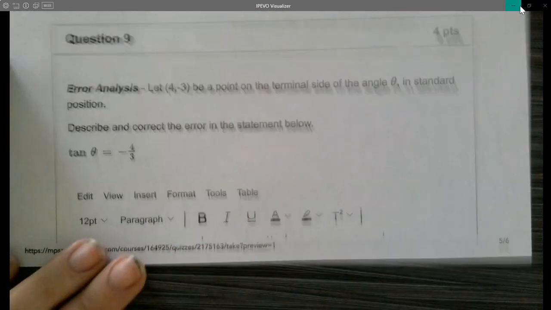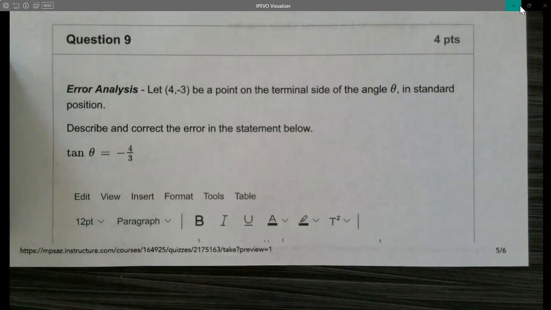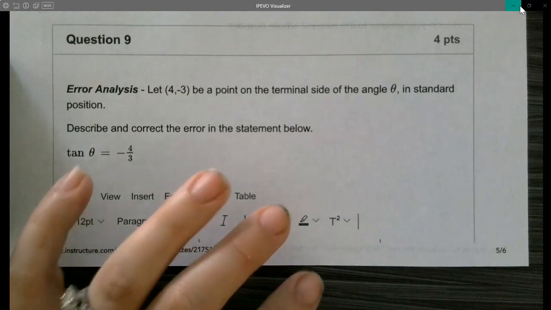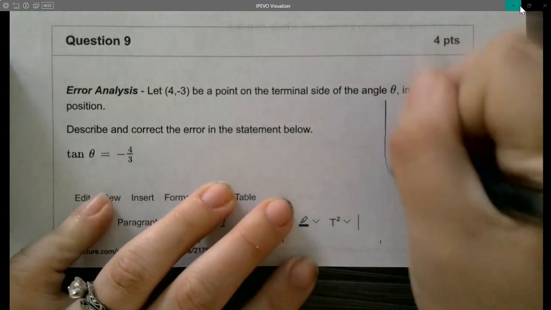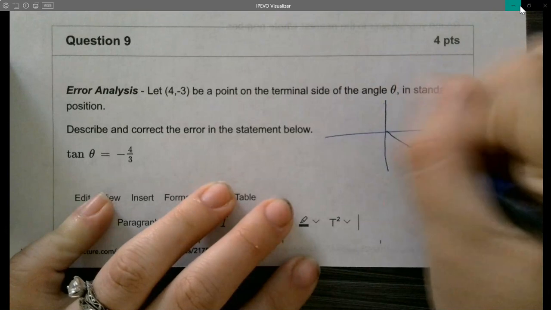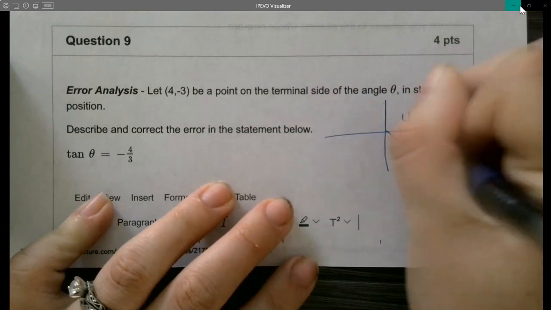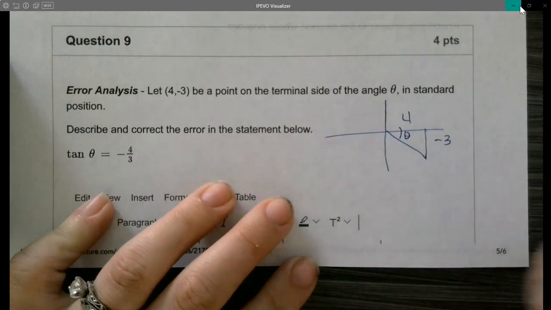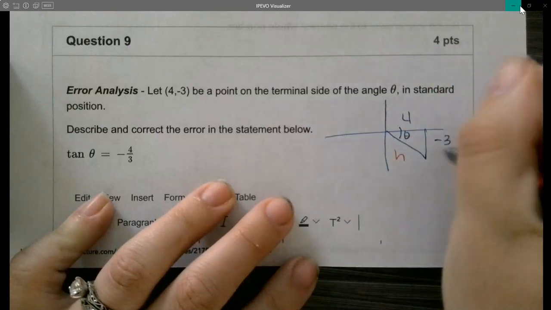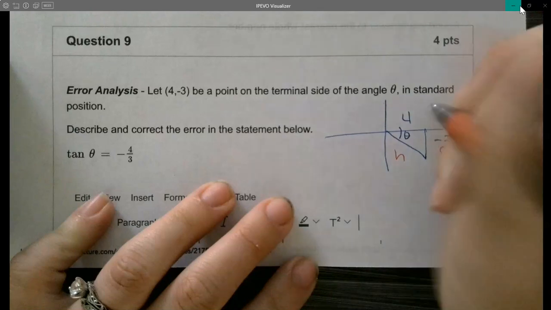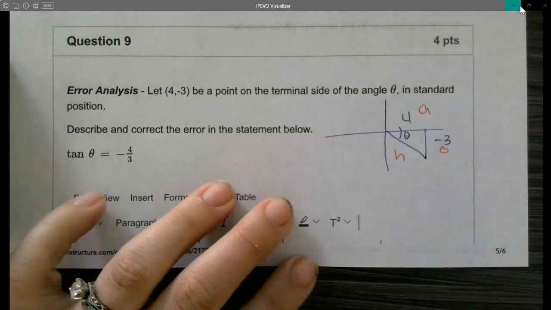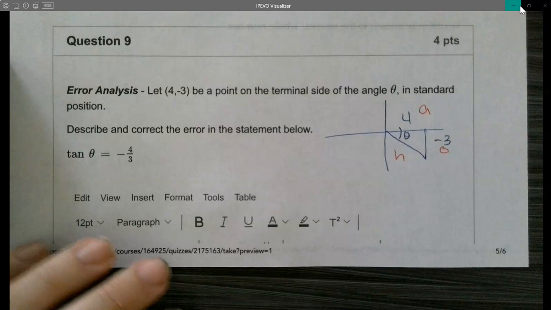Number 9 tells me 4, negative 3 is a point on the terminal side of angle theta in standard position. It wants me to find the error below. So I am going to plot this. 4, negative 3 is right here. I'm going to label my hypotenuse, opposite, and adjacent. So hypotenuse is always the radius. Opposite is the one not touching the angle, and adjacent is right here. Tangent, remember, is opposite over adjacent.